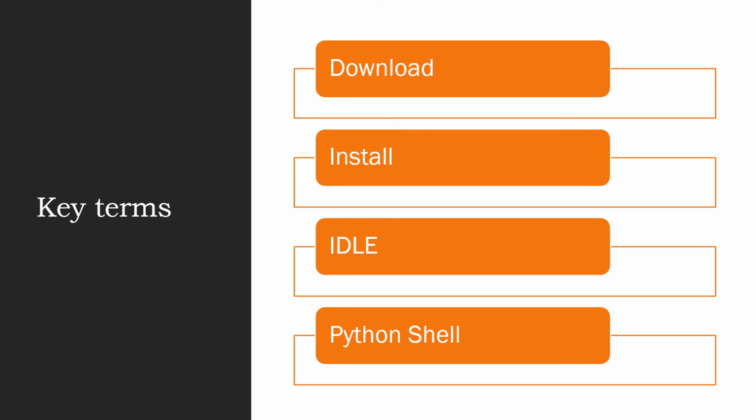IDLE is one of the Python IDEs, and it's the one that will open by default after you've downloaded Python. An IDE is an integrated development environment. That is, it's the software that lets you write and run Python programs. And the window that opens on your screen when you start to use Python is called the Python shell.